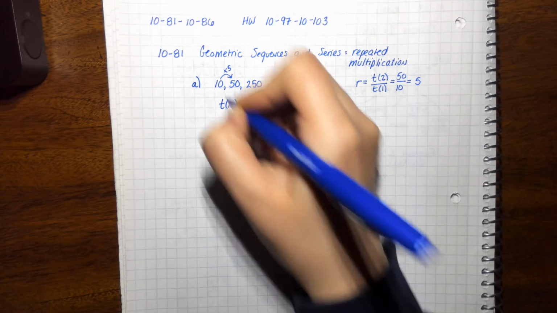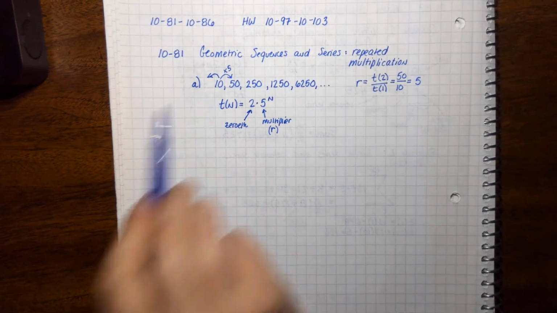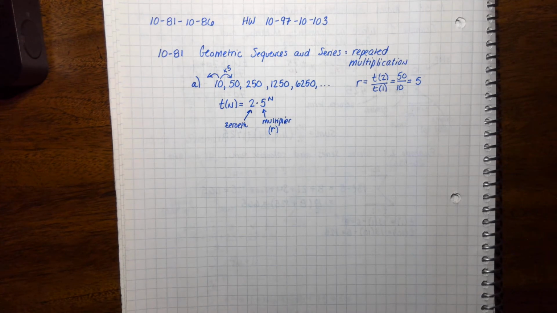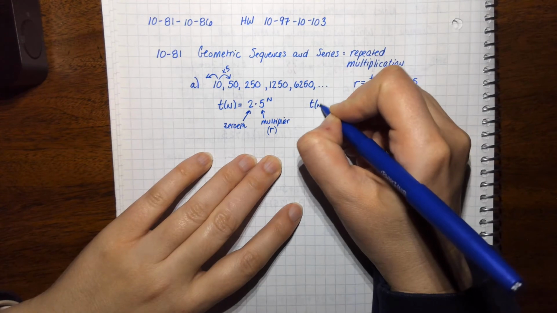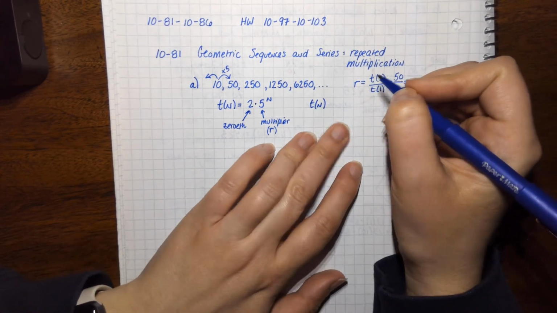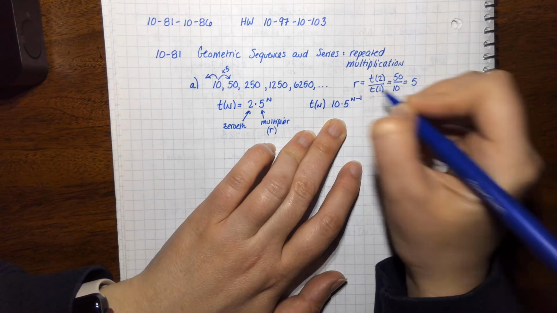So where did this 2 come from? Well, that would be the 0th term. If I were to take this 10 and divide by 5, the number in front would be 2. I bet some of you can see where this is going already. Caroline's equation was 10 times 5 to the n minus 1.